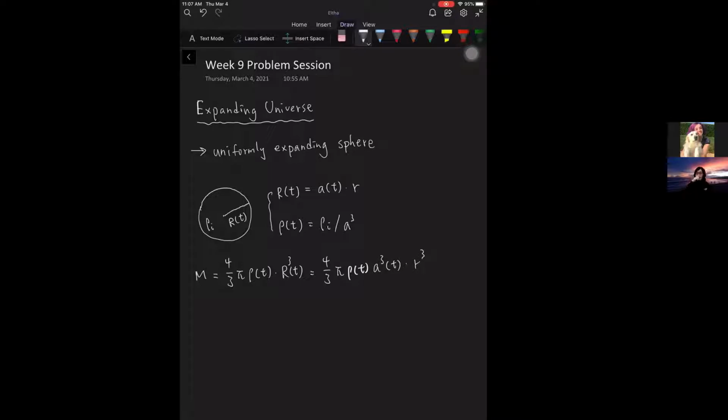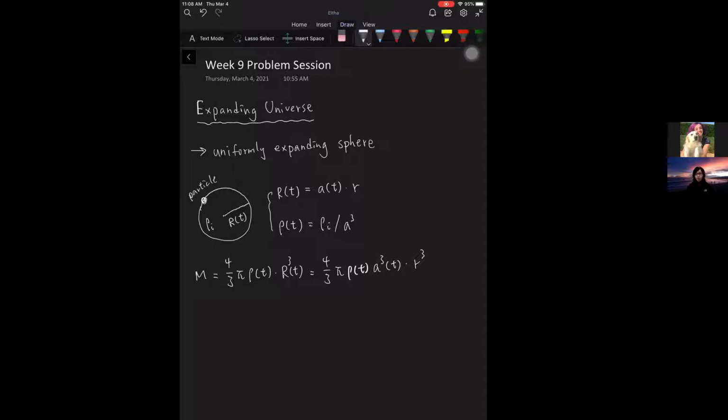Okay, so why are we calculating the mass? Because with this mass, we can determine the acceleration of a particle from a very easy Newtonian physics point of view. Let's say there's a particle here at the boundary of this expanding sphere.